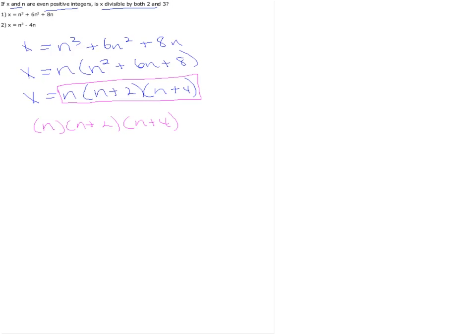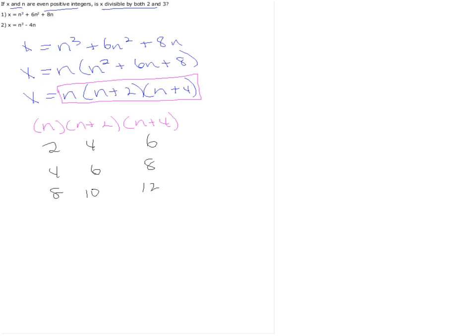Now, you can memorize the rule that this will always be divisible by 6, or if you didn't know the rule, you could try some numbers. You could say like 2, 4, 6. Well, that's divisible by 2 and 3. 4, 6, 8. That's divisible by 2 and 3. 8, 10, 12. That's divisible by 2 and 3.